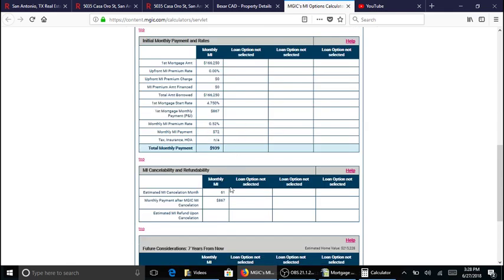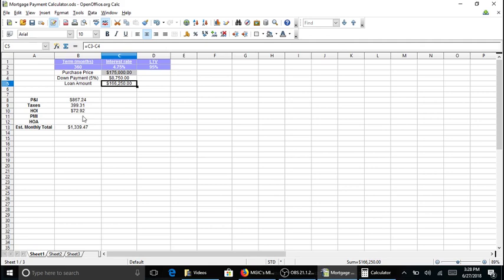Okay, and so right here, it'll tell us more information about the calculation of this monthly mortgage insurance. And really what we're after is this right here, $72 a month. So let's go back and type in for PMI, $72 a month.